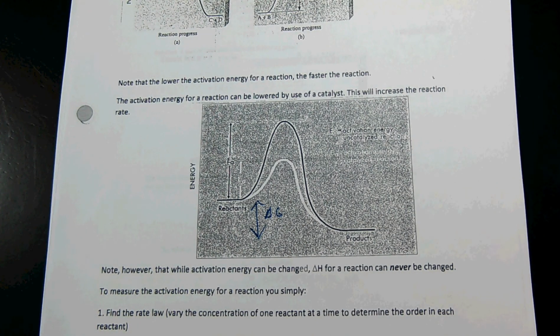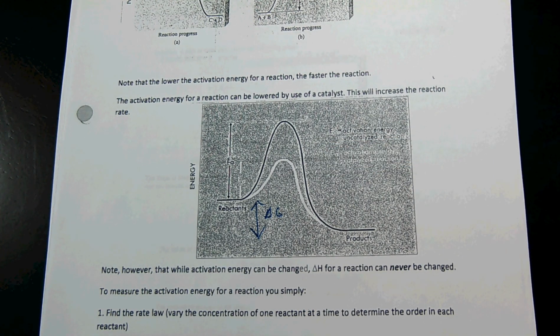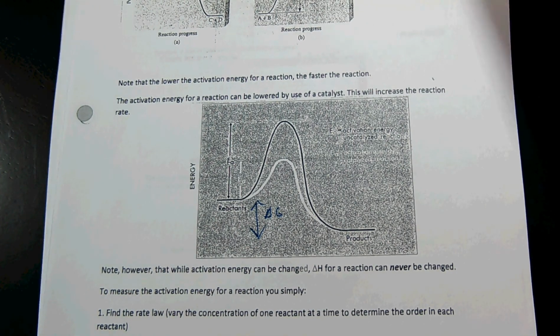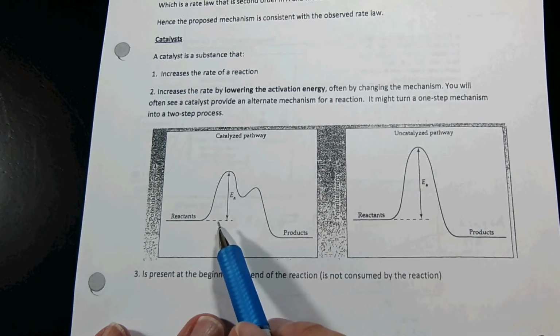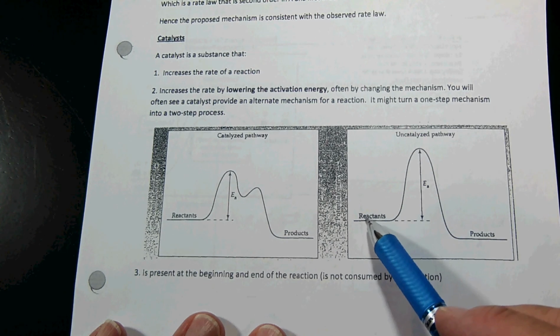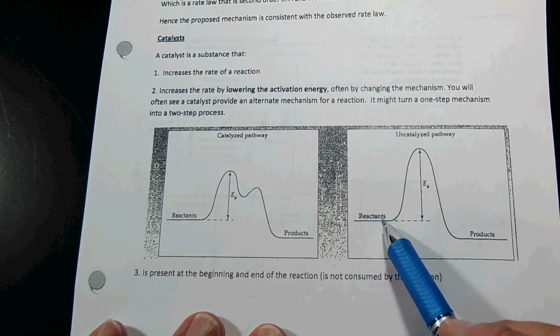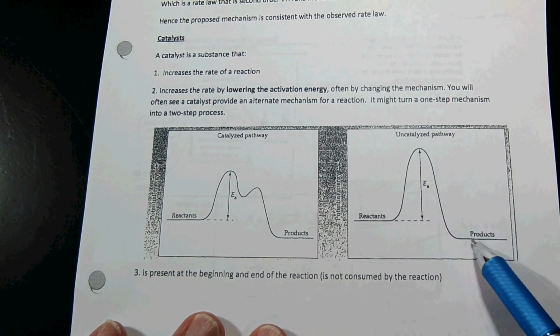What they sometimes don't tell you is the way you lower the activation energy is you allow the reaction to go through a different mechanism. It occurs by an entirely different mechanism. So maybe you take a one-step process and you turn it into a two-step process. So if this is your uncatalyzed reaction, to get from reactants to products, you've got to climb this great big mountain in one step.